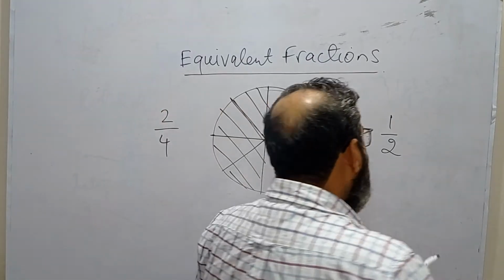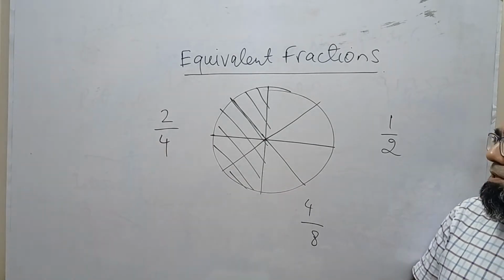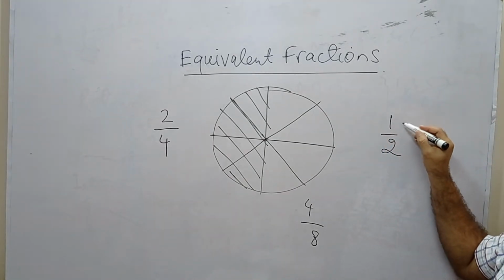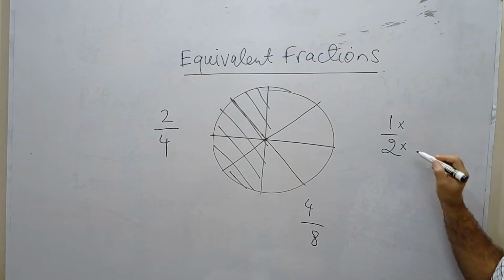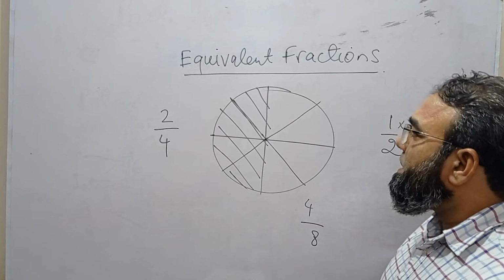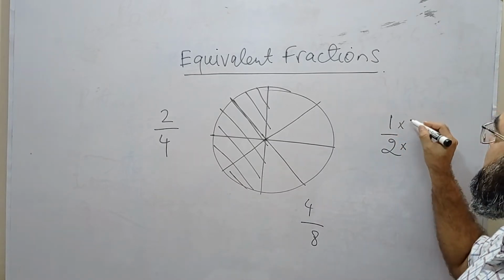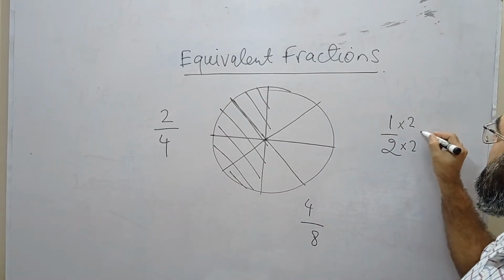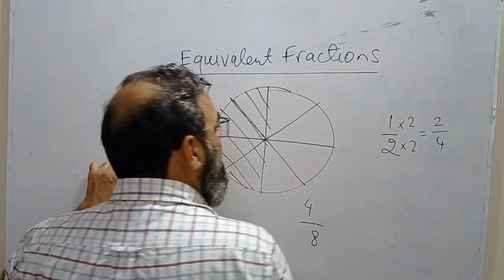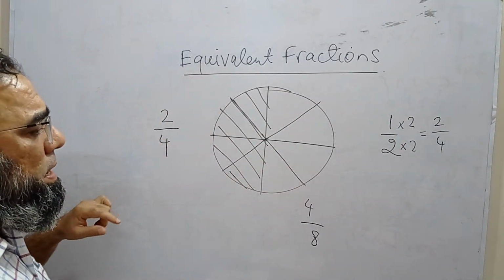Now how can we obtain the equivalent fractions? If you look at this 1/2, if you multiply the numerator and the denominator with the same number, you will always get an equivalent fraction. For example, if I multiply both of them by 2, I'll get 2/4.